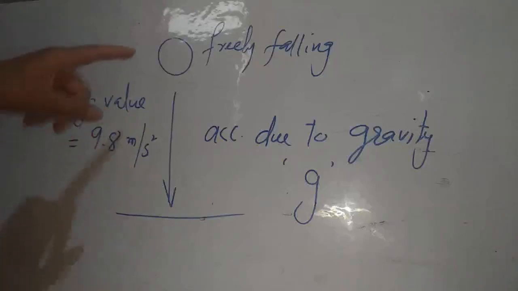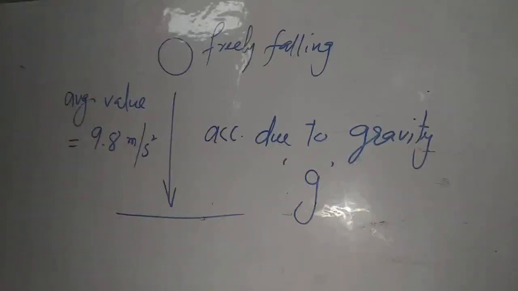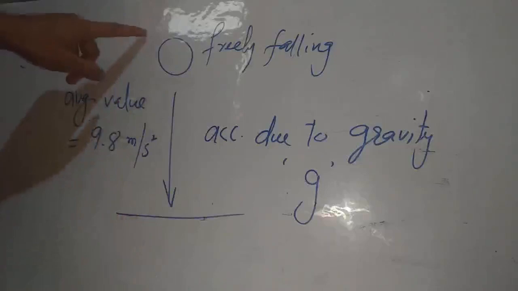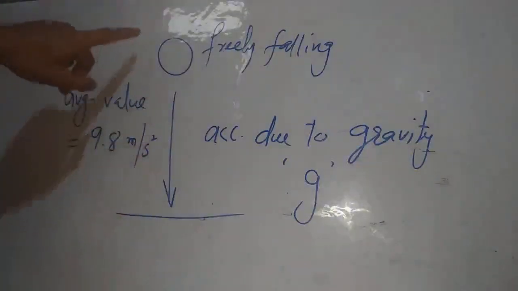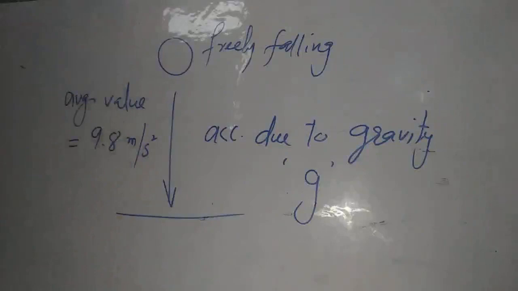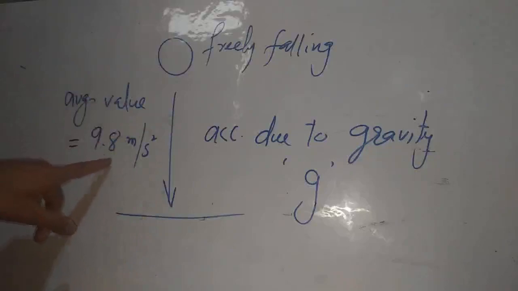Similarly, if the body is projected upwards, its velocity will decrease by the same amount, 9.8 meter per second, every second.